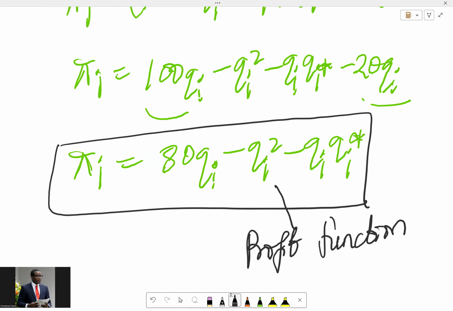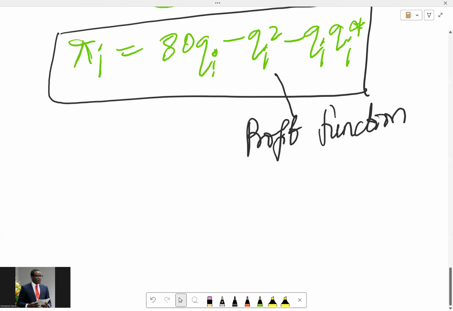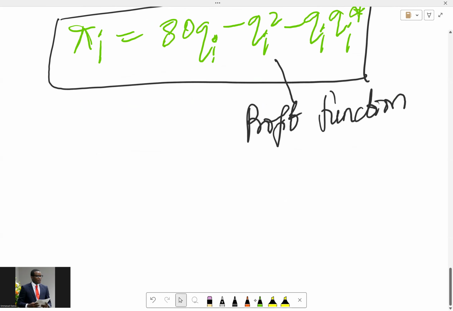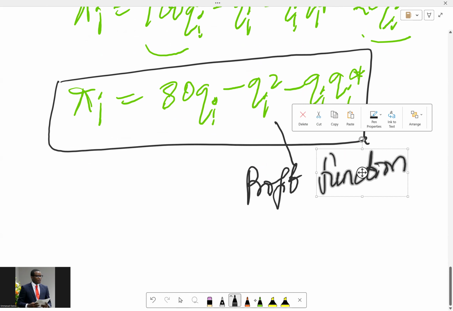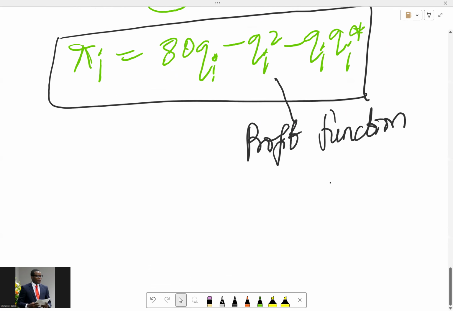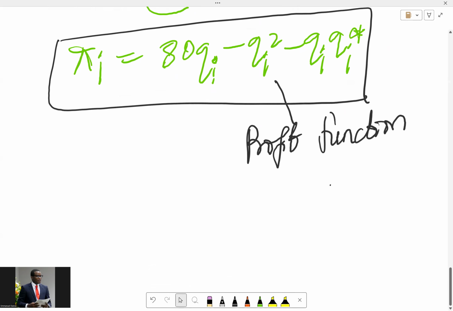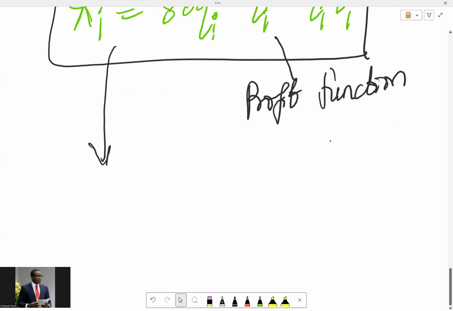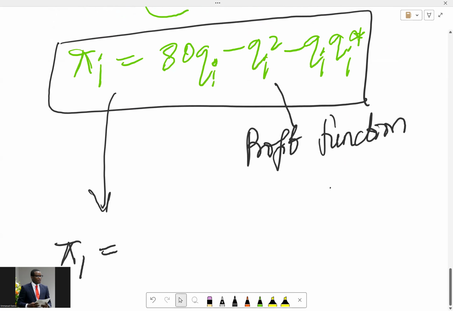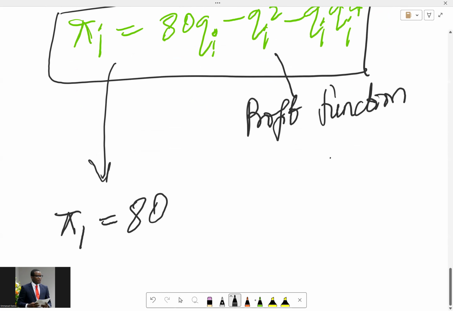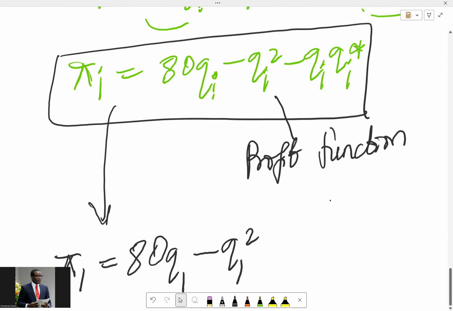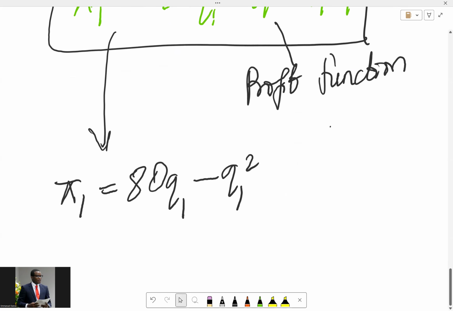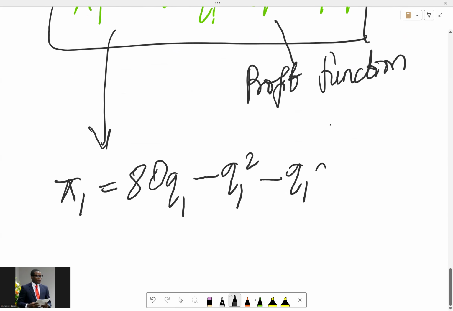So the next thing we need to do, that'll be in step 2, is to get the best response function for each firm. But I think I can go the extra mile with this and say that pi 1 is equal to 80 Q1 minus Q1 squared minus Q1 Q2.